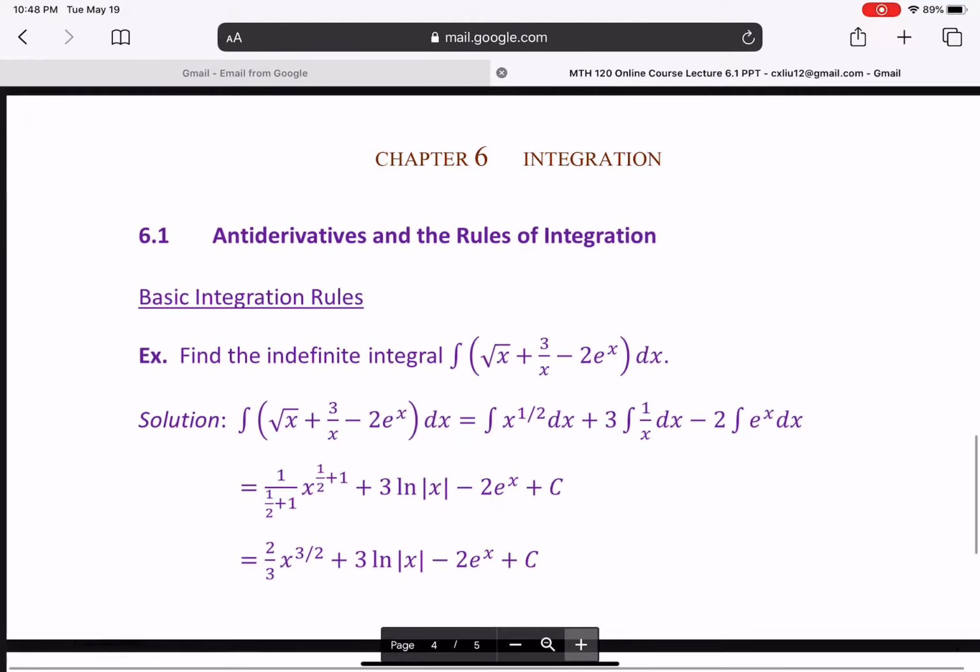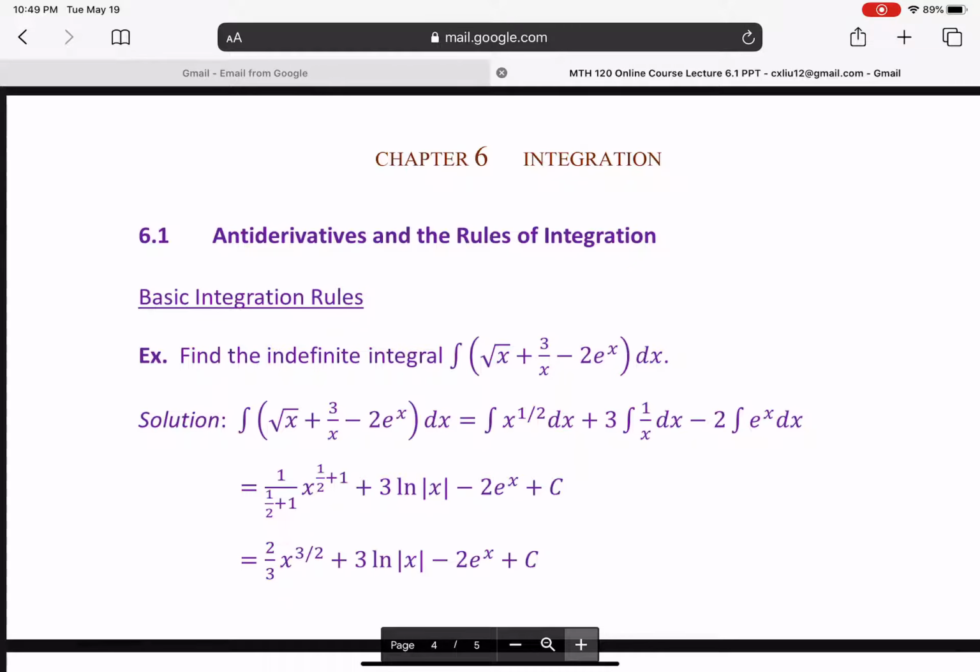Let's do another example. Find the indefinite integral of square root of x plus 3 over x minus 2 times e to the x. So again, we can break up this whole thing into 3 integrals and take out the constants from inside. At the same time, we can also rewrite the square root of x as x to the half and use the power rule to integrate it.